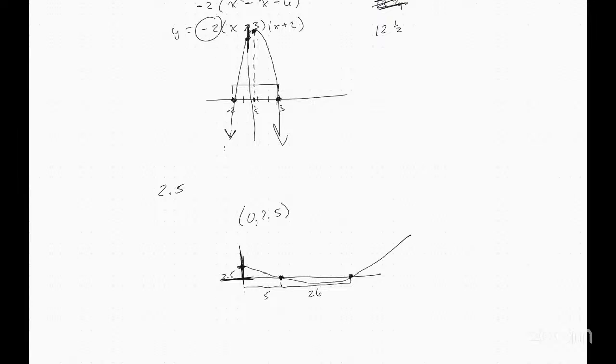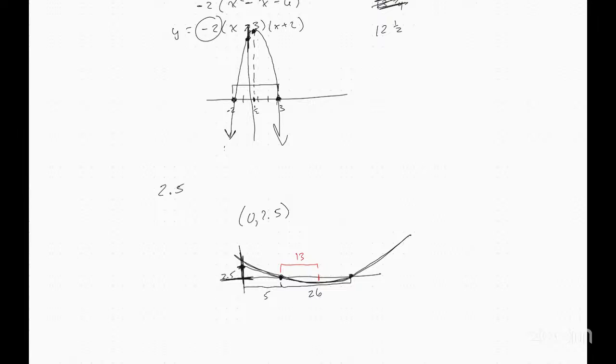Like I was mentioning before, the halfway point between these two, assuming it's a parabola, is 13 feet away from 5, so at 18 feet. That's going to be the x-coordinate of your vertex, right?